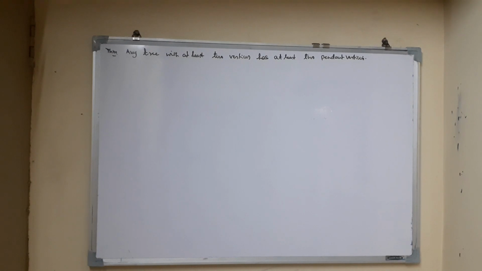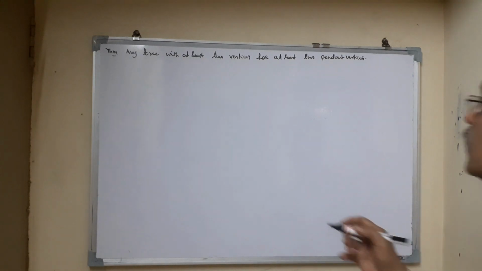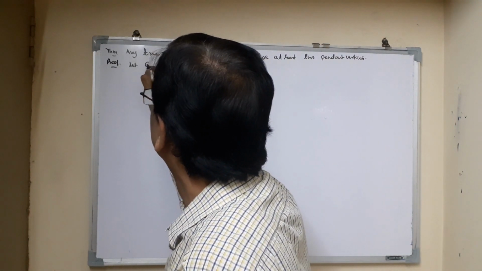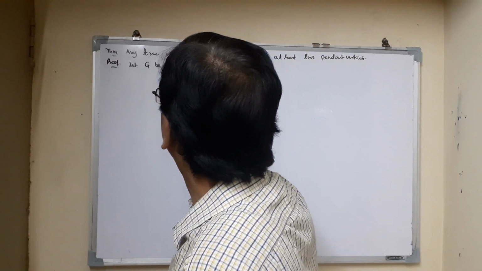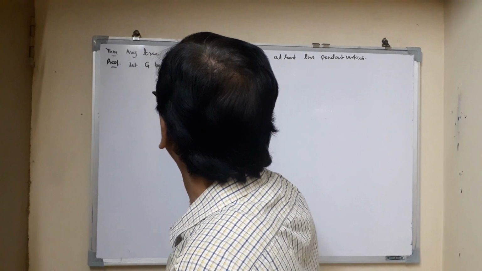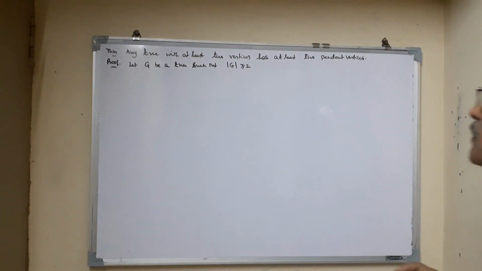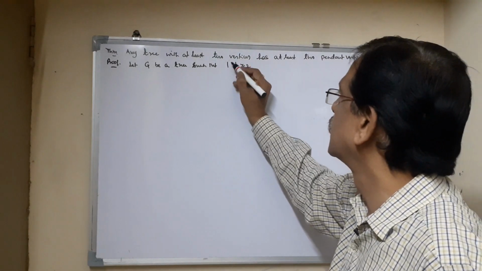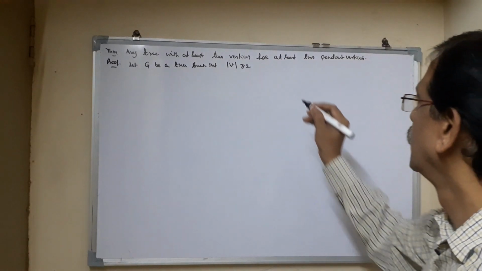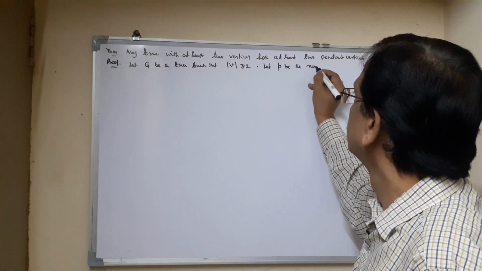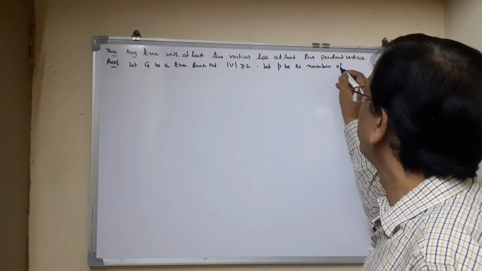So if you have any tree with at least two vertices, that means G contains at least two vertices. Let G be a tree such that n is greater than or equal to 2, at least two vertices.